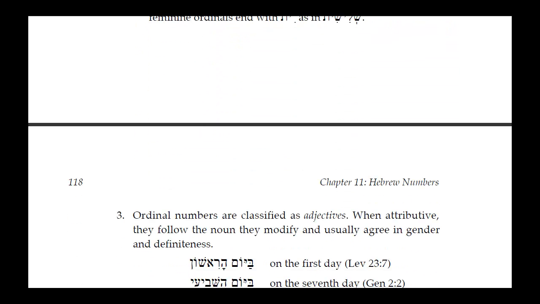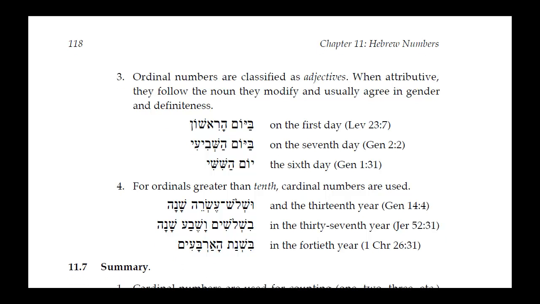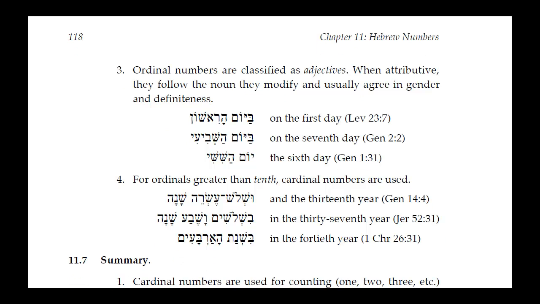Now ordinal numbers are classified as adjectives. When attributive, they follow the noun they modify and agree in gender and definiteness, just like the cardinals. So we have bayom harishon, on the first day.